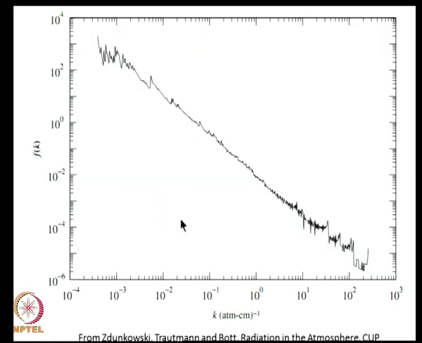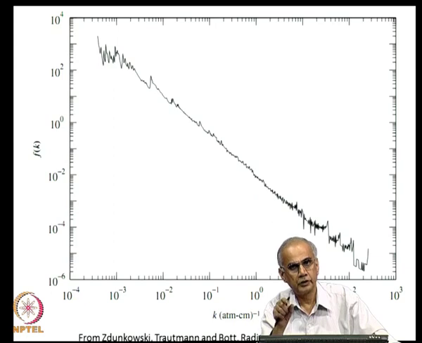So, ultimately what you see is that although the real absorption coefficient is a very complex and fluctuating function of the frequency or wave number, if you do not integrate in the wave number space, but desire to integrate in the absorption coefficient space, which we can do, because in the calculation of emissivity and absorptivity, the black body function does not vary much within the absorption band in comparison to the way the absorption coefficient varies.